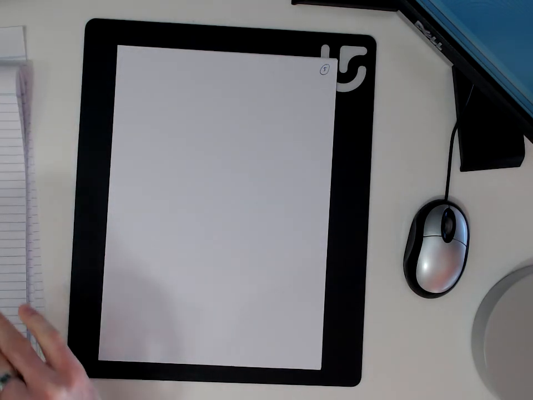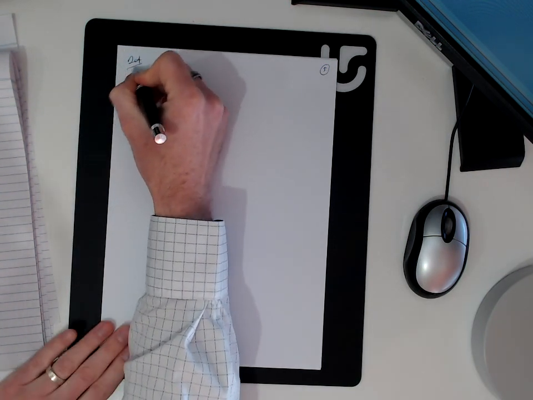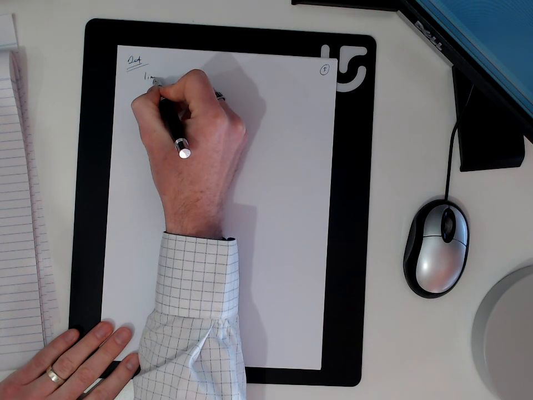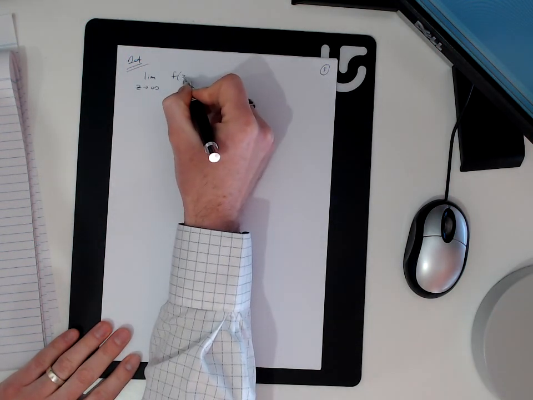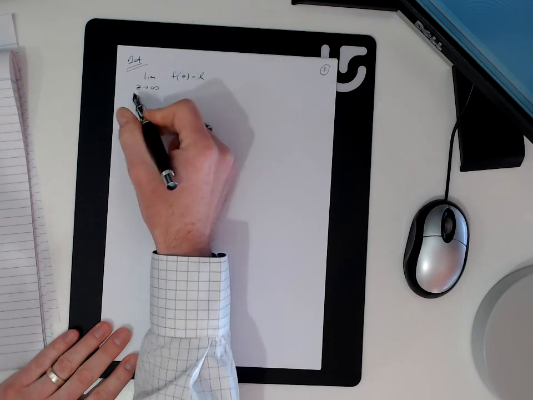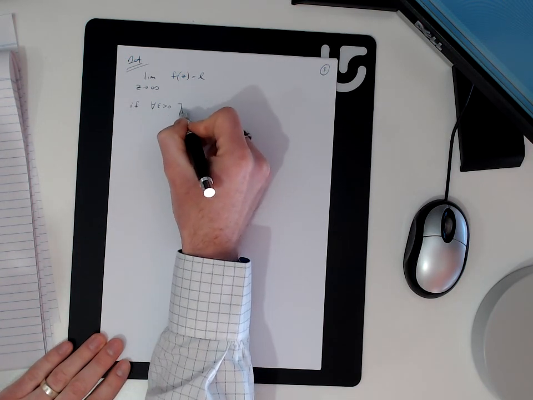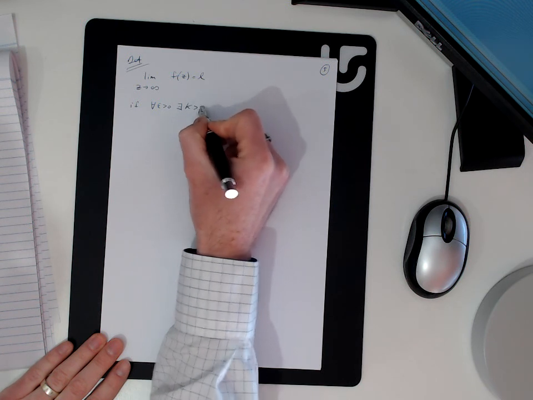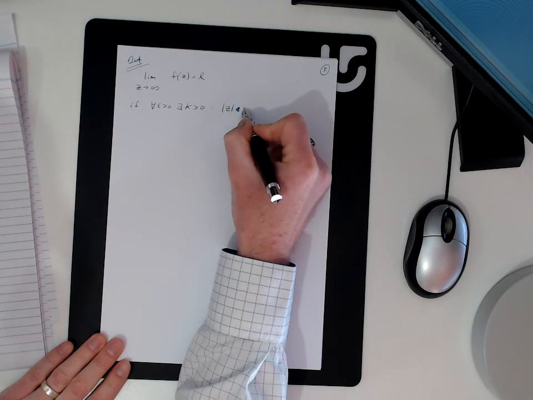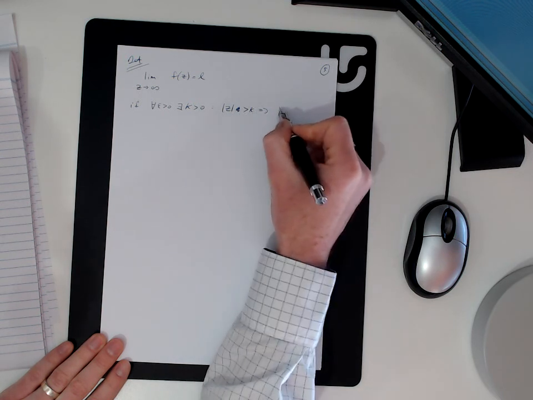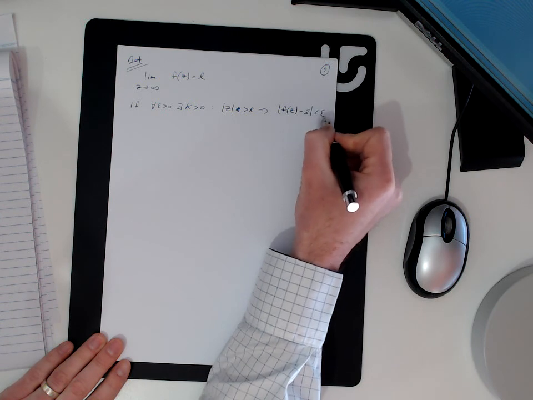So now some more definitions. The limit as z goes to infinity of f(z) equals L if for all ε greater than 0 there exists a k greater than 0, so that if |z| is greater than k, then that implies that |f(z) − L| is less than ε.